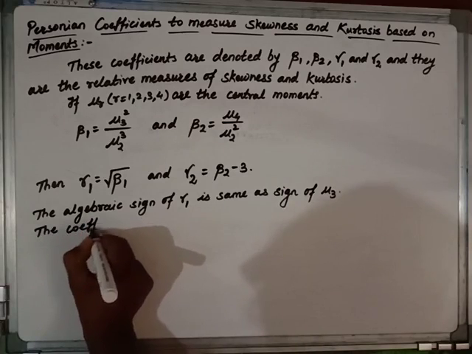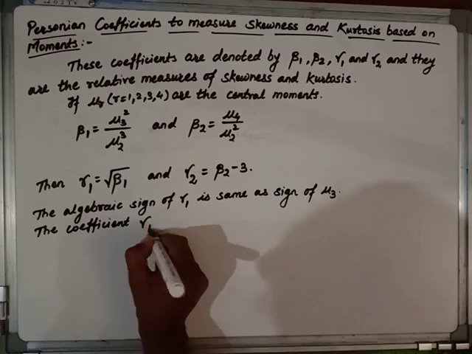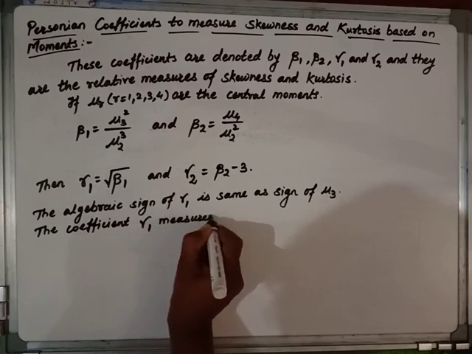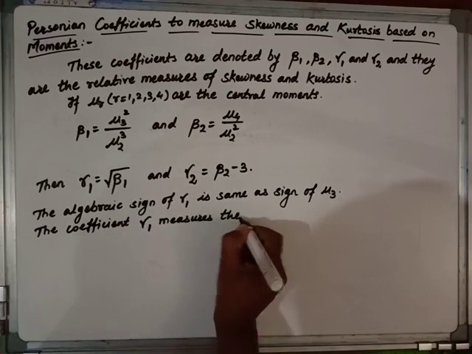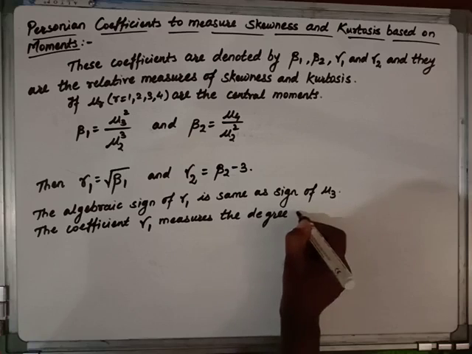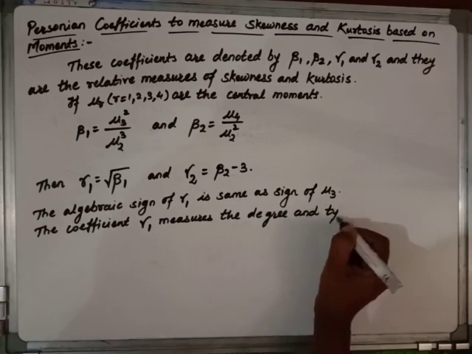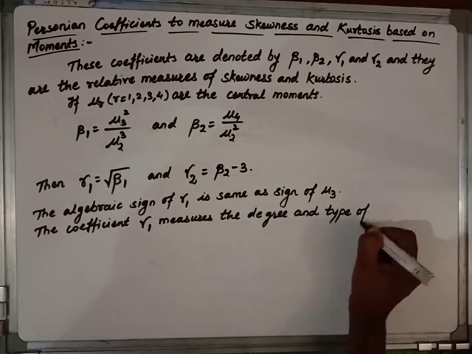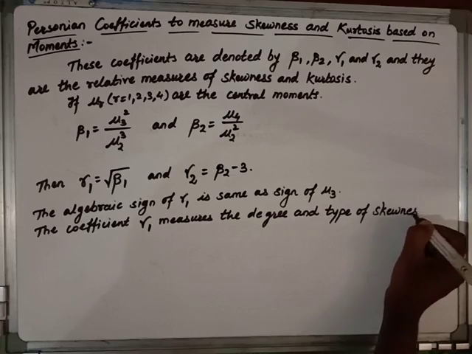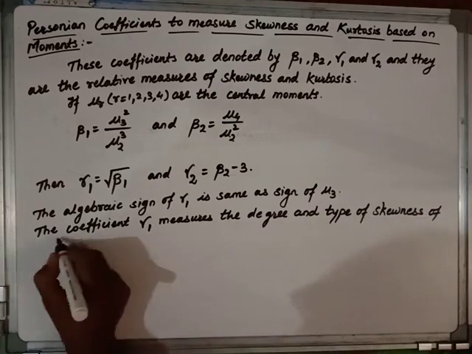The coefficient gamma 1 measures the degree and type of skewness. Gamma 1 measures the degree and the type of skewness of the distribution.